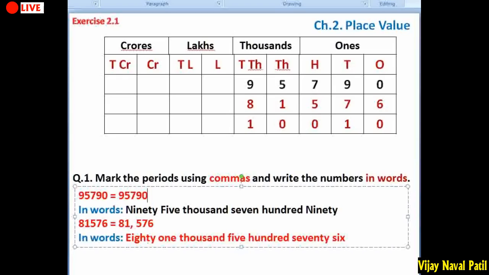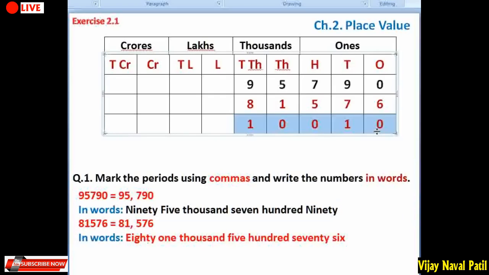I wrote it as it is, but as per the Indian place value system, we have to count three digits from right to left, and here I have to put the commas. So I put the commas here for the same number, and in words I wrote here how you are reading it, that is 95,790. So I wrote it as it is. So one of the examples is given under that, you can understand that very well. And the third example is not written here.